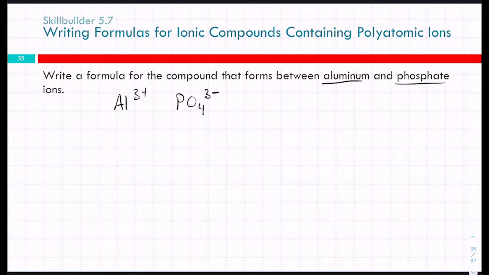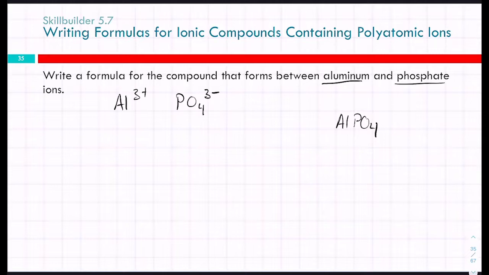So again, we want to balance these charges. And at this point, again, we want the charges to add up to 0. So if this is a positive 3 on aluminum and a negative 3 on phosphate, we're going to need 1 of each of those to balance that charge. And you'll get the correct answer that way.